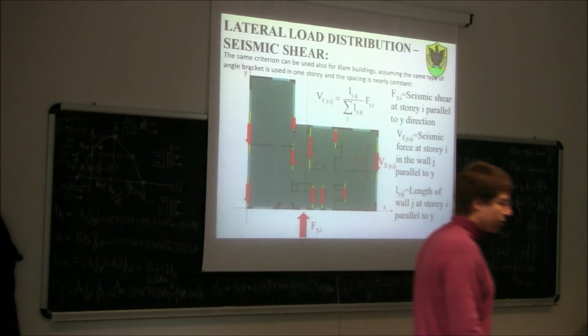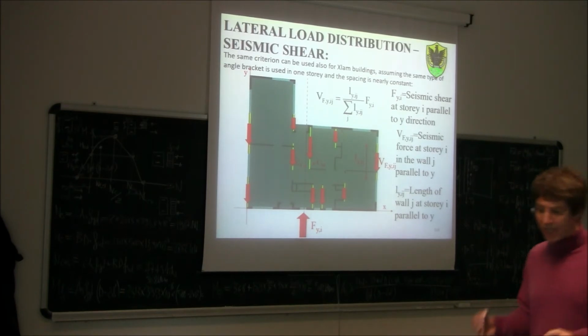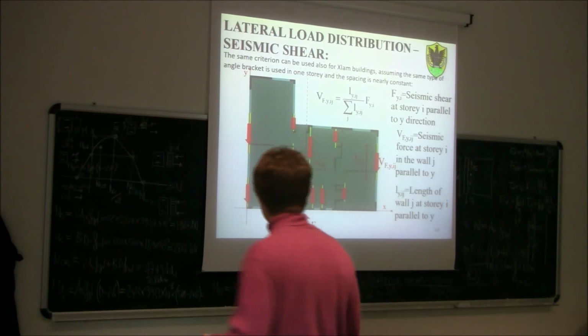Okay, we should also say that the same criterion can be used to design cross-laminated buildings. In a cross-laminated building, we use exactly the same criterion. In this case, we assume that the same type of angle bracket is used in one story. So when we design the angle bracket for one story, we should be using exactly the same angle bracket type.